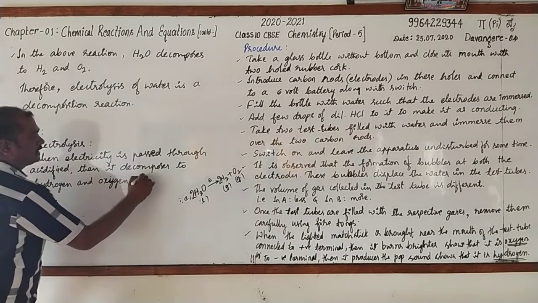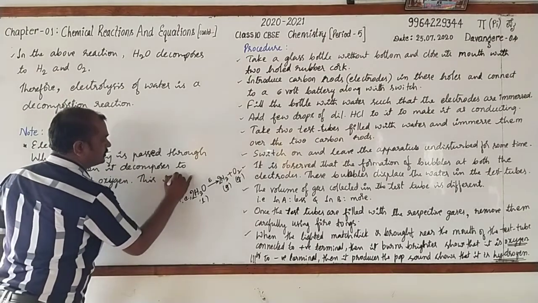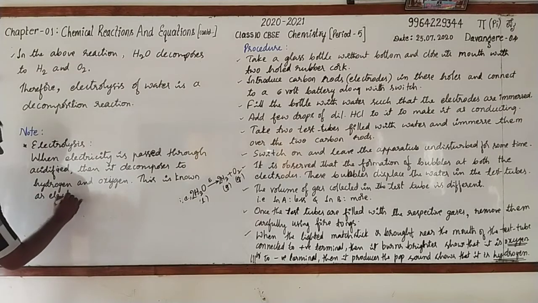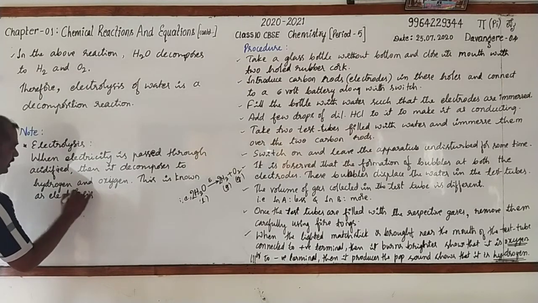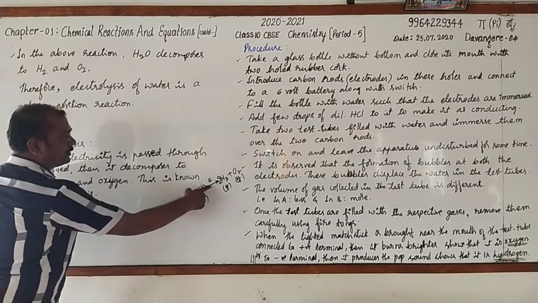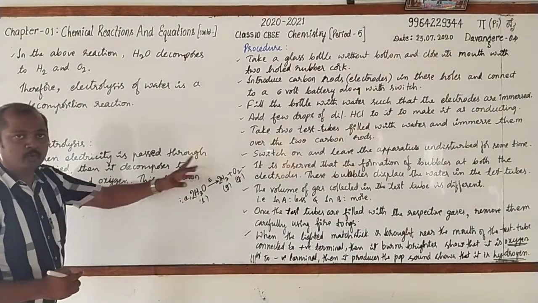And this is known as electrolysis. And the chemical reaction for this is 2H2O gives rise to 2H2 plus O2.